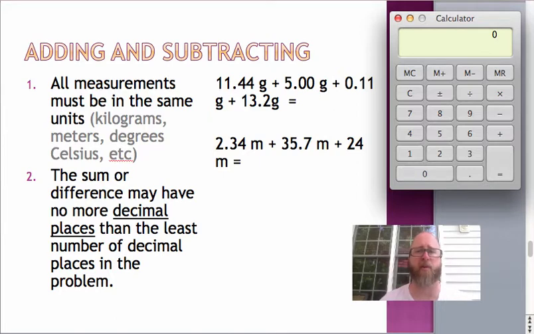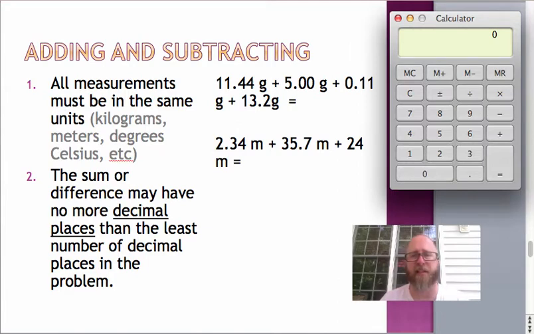If you have one measurement in grams, but another is in kilograms, then you would have to convert the kilograms to grams. So not a big deal. More importantly, the second rule is that when you are adding and subtracting, considering significant figures, you have to make sure that your answer can have no more decimal places than the least number of decimal places in the problem.